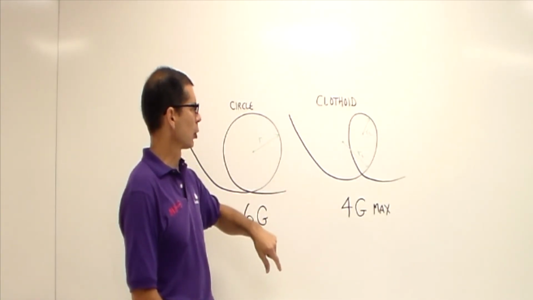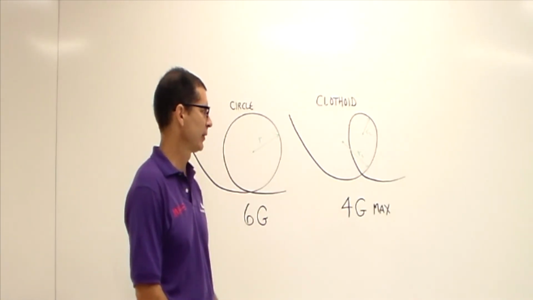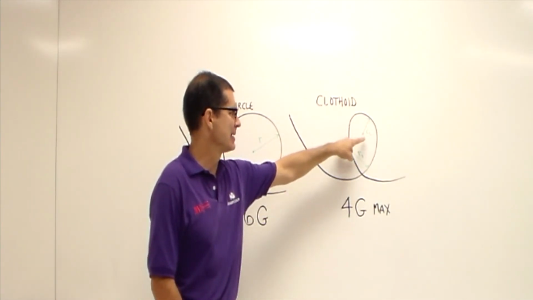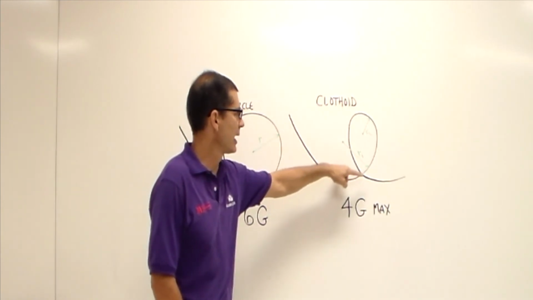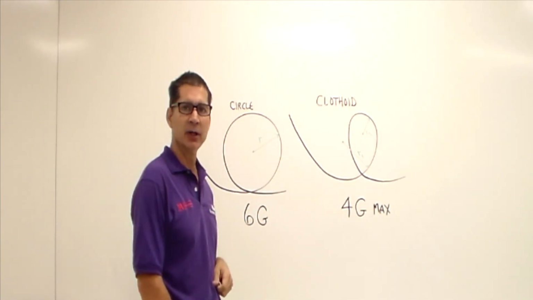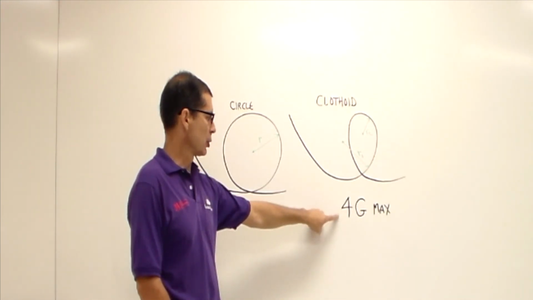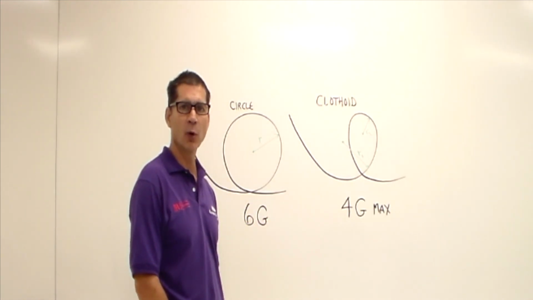So modern roller coasters are made with something similar to a clothoid curve, where it starts out with a larger radius and then the radius gets progressively smaller. This way they can actually control the amount of G-force that a rider sees. So currently roller coasters are designed for a 4G max.